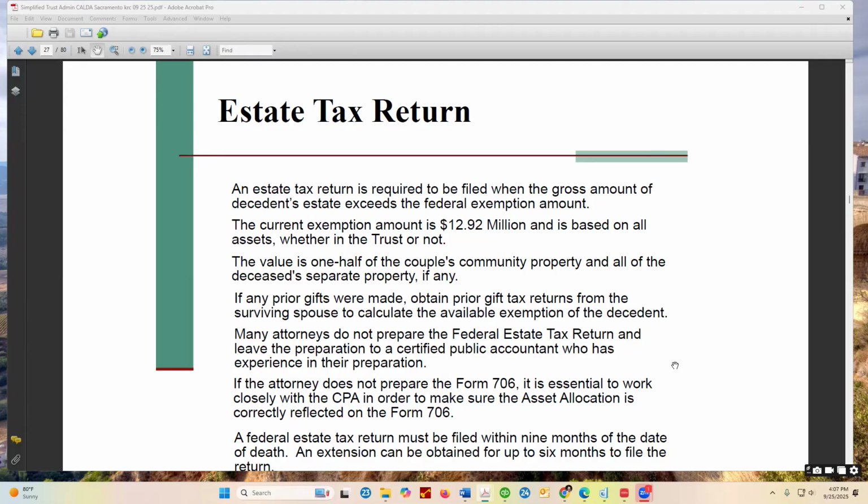And the other reason for filing these returns when you don't need to is the unused part of this exclusion.